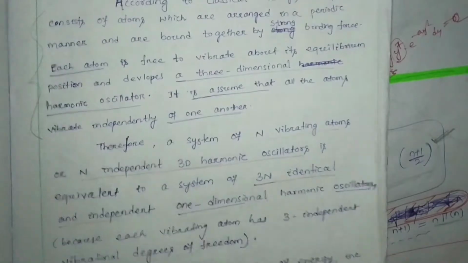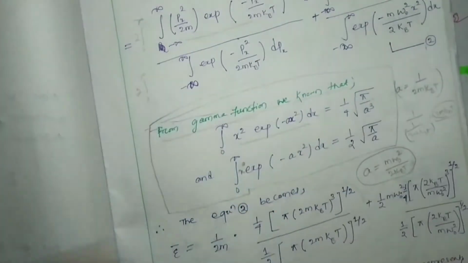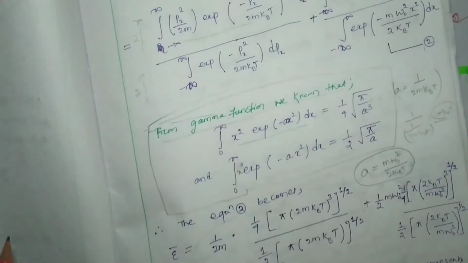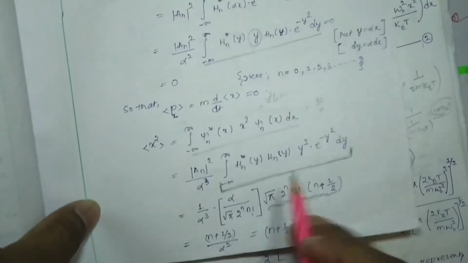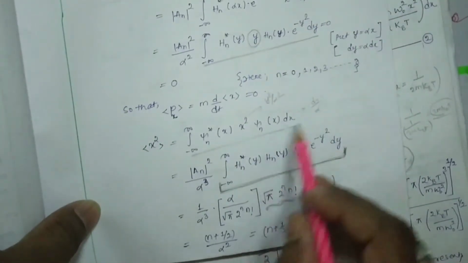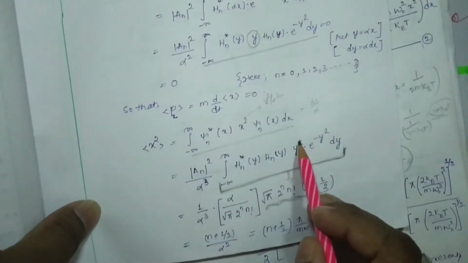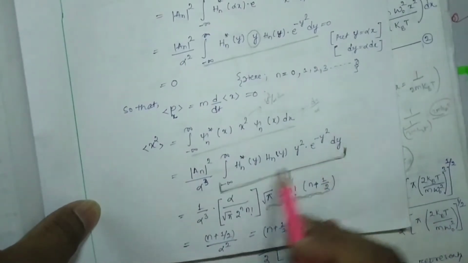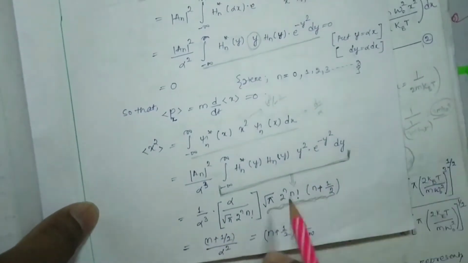Whenever we discuss the classical theory of lattice heat capacity, we find this type of integral. And also whenever we discussed this problem in quantum mechanics, we found that type of integral. See, y to the power 2 into e to the minus y square dy, and here also I told that I am going to do a separate video on this integral.